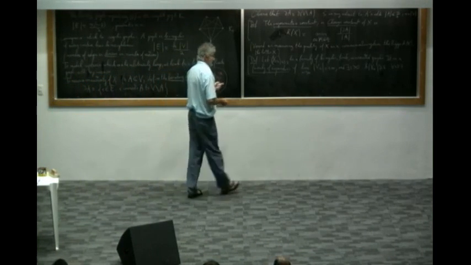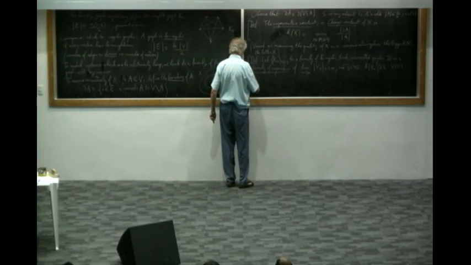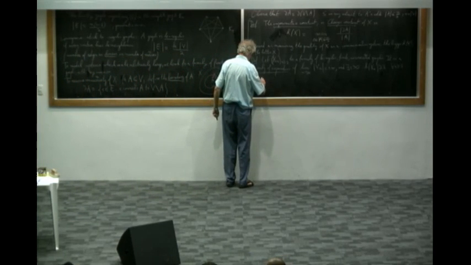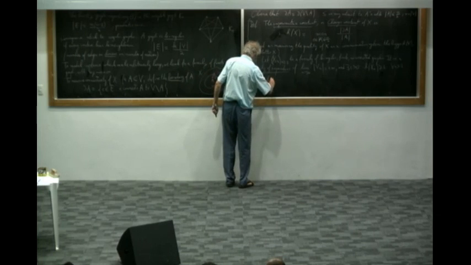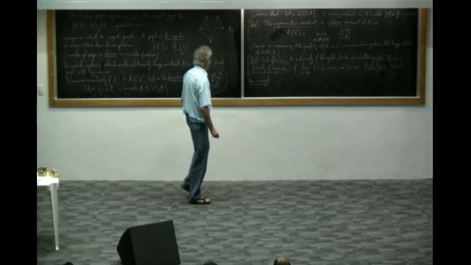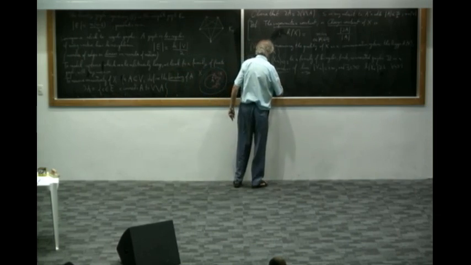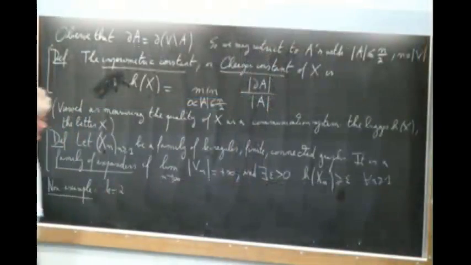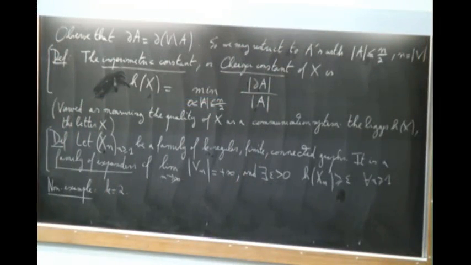Let me give you first a non-example, an example of a family which is not an expanding family. If you take k equals 2, what is a finite 2-regular graph? It's a cycle.